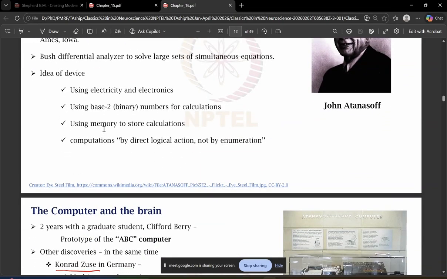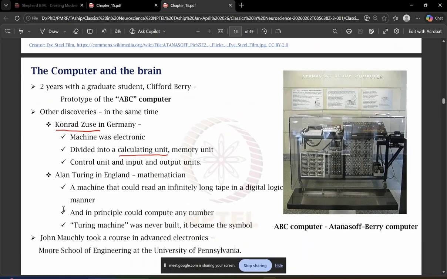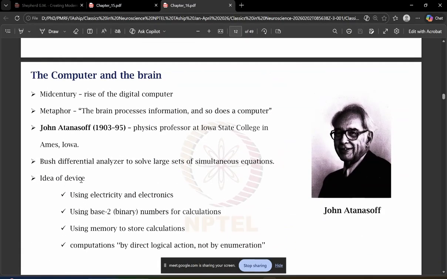We discussed how while John Atanasoff was trying to build his prototype, John Mauchly had come in contact with him and had traveled all the way to take a look at what John Atanasoff was trying to do and how he was trying to construct the digital computer.